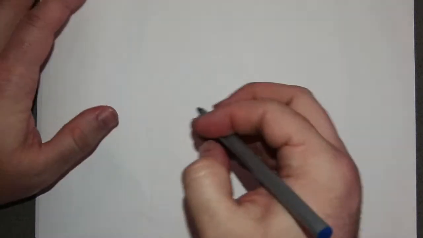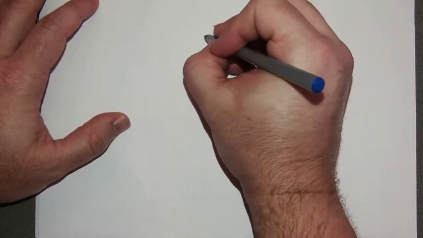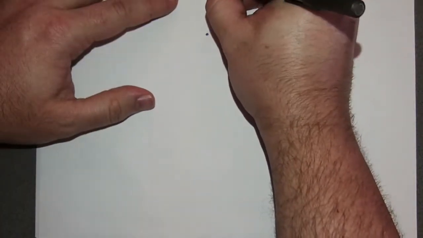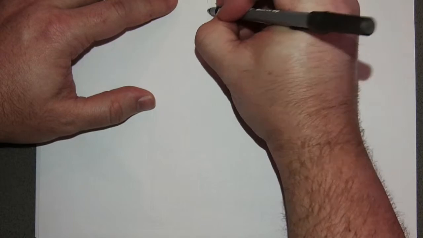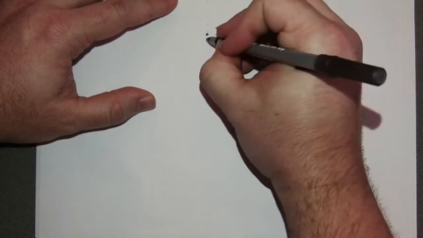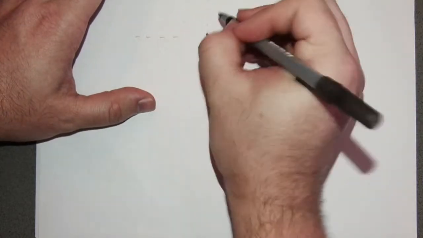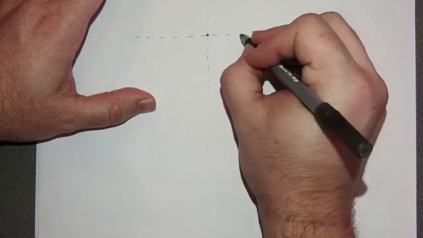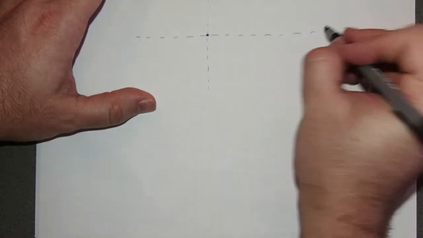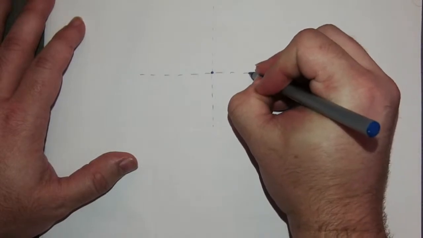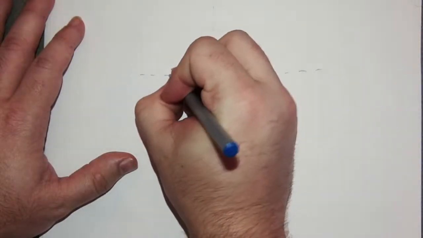So here is my point (0, 0), here's my origin. I'm going to very lightly draw in the axes, very lightly, because I don't want these to get confused for trajectories. These are not any piece of trajectory curves. So here's the point (0, 0), here's the point (2, 0), and here's the point (-2, 0).